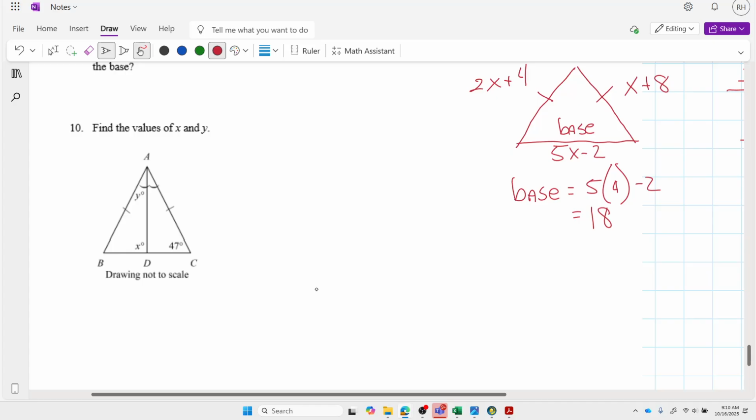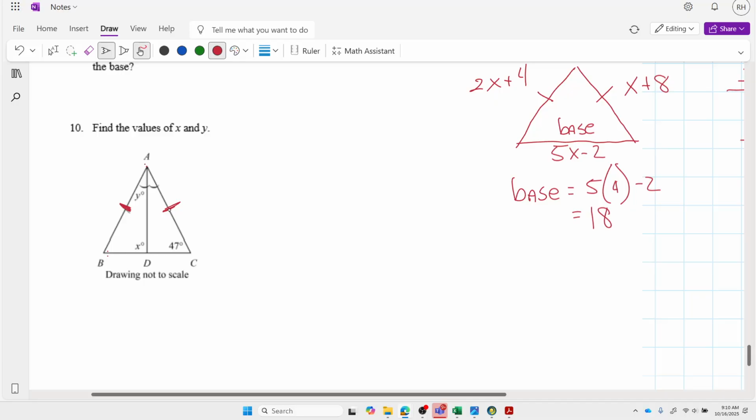All right, problem number 10. Find the values of x and y. It's another isosceles triangle. Side AB is congruent to side AC. We're looking at this big triangle around the outside first.